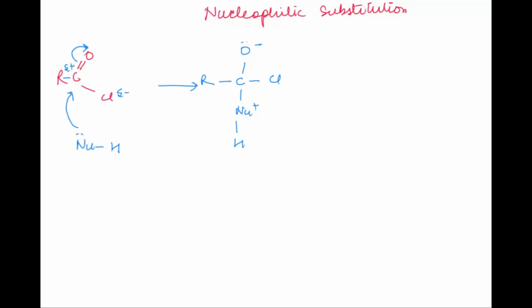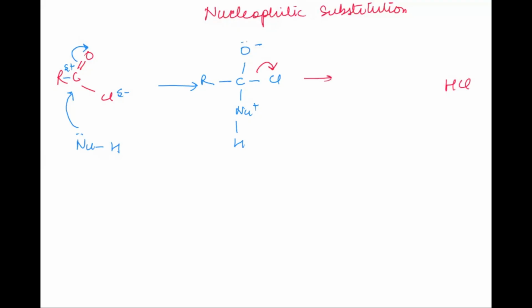It weakens the bond with this hydrogen, and this hydrogen eventually breaks down. Once this hydrogen breaks down, this chlorine also automatically breaks down, right? The intermediate loses the proton and it loses the chloride. So HCl will be reforming here, okay?